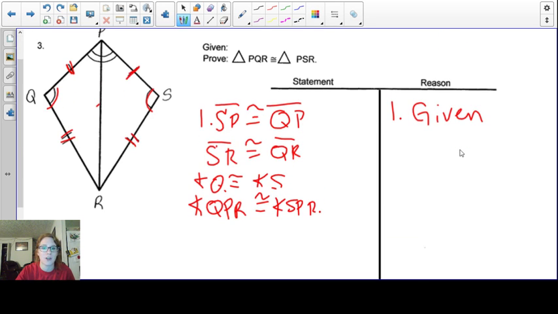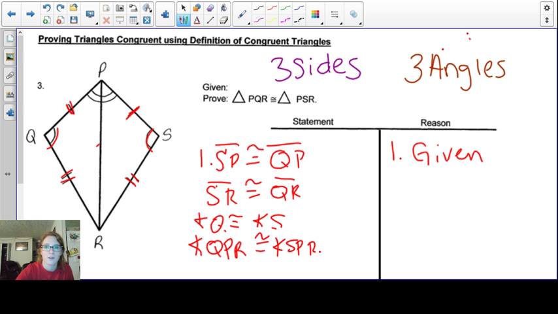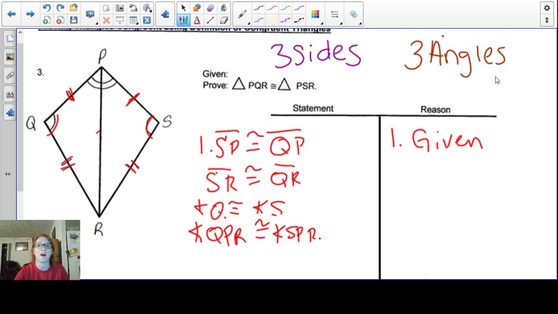Well, I need to know 6 things. I need to know 3 sides and I need to know 3 angles. So let's check off how many we have so far of each. Just with my given alone on my sides, I see I have one side I talk about here, and I see I have another side.